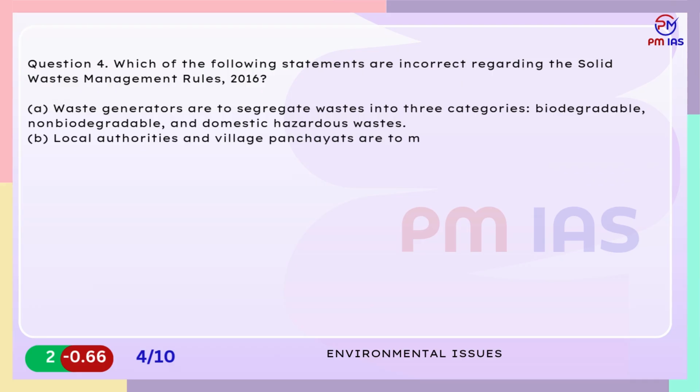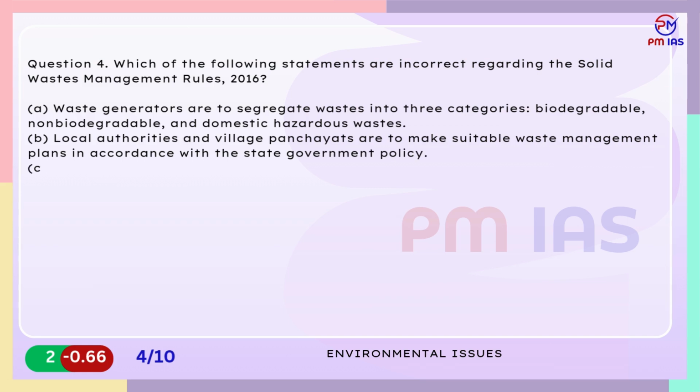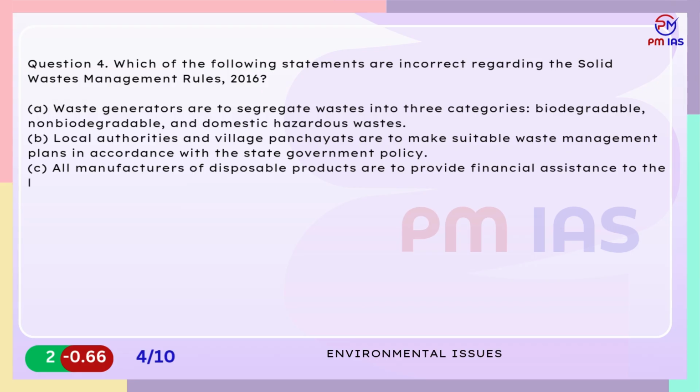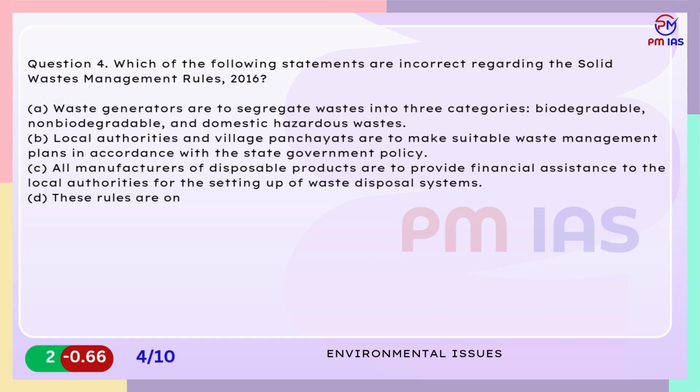B. Local authorities and village panchayats are to make suitable waste management plans in accordance with the state government policy. C. All manufacturers of disposable products are to provide financial assistance to the local authorities for the setting up of waste disposal systems. D. These rules are only applicable to the plains and exempt the hilly and the northeastern states.